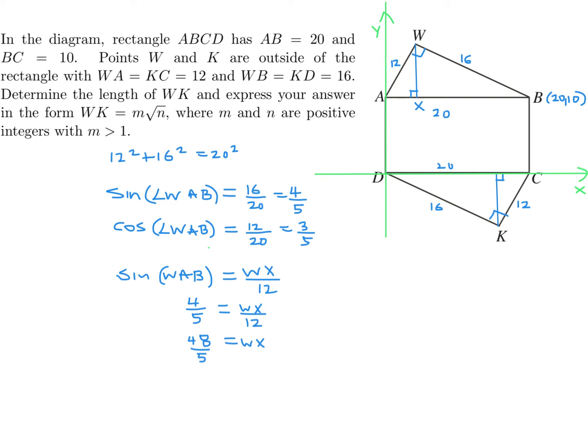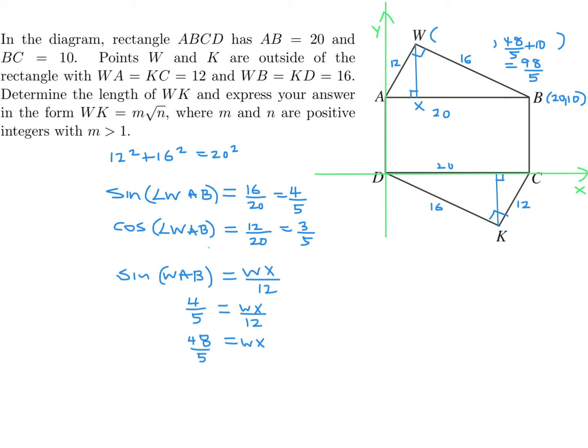And since the distance from here to here is 10, I just have to add 48 over 5 to 10 to get the y coordinate for W. So we got 48 over 5 plus 10, and when you add those up, you get 98 over 5. And that's the y coordinate of W.